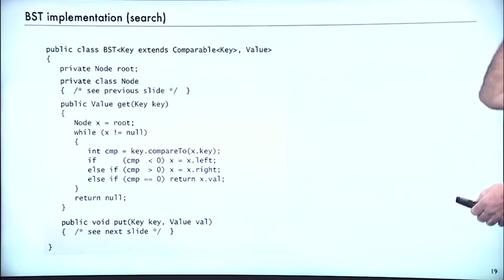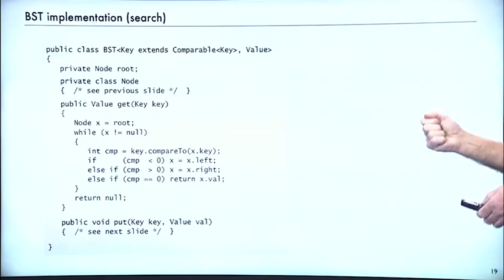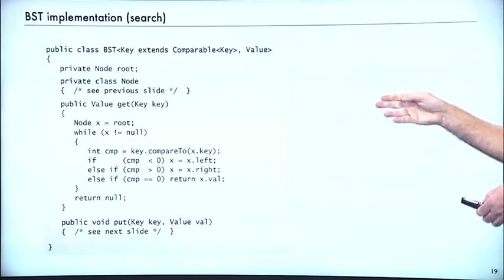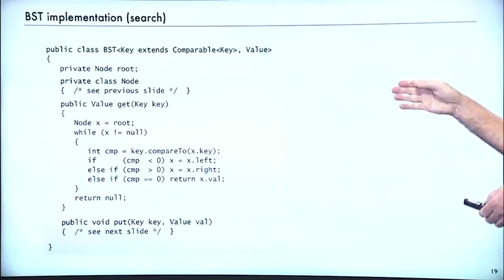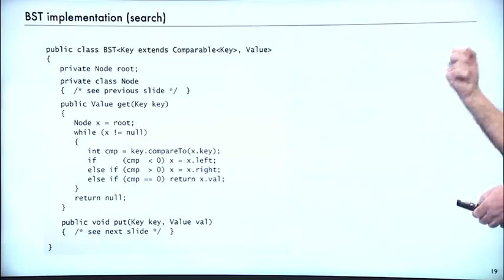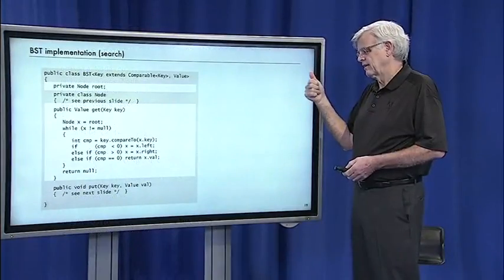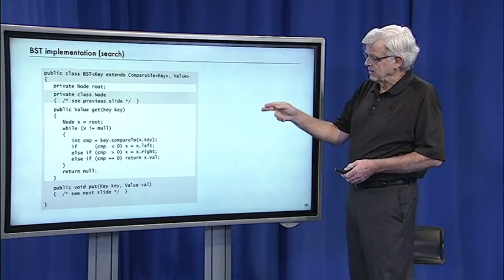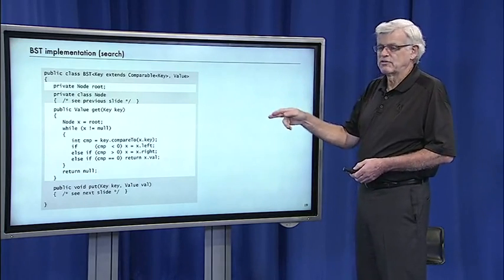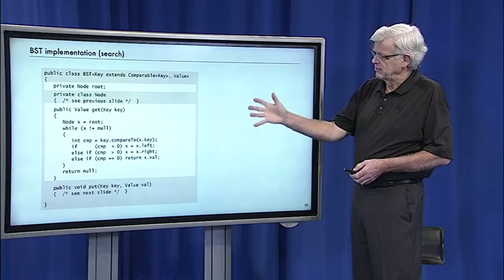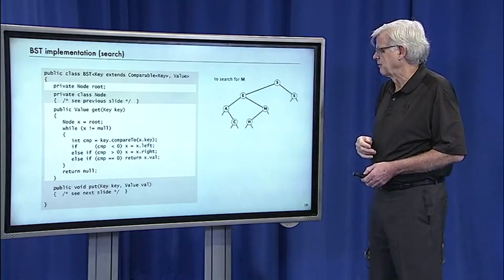If it's less, the key we're looking for is less than x's key, then we'll go to the left. Go to the left is x equals x.left. That's recursively move down the tree to the left subtree that contains smaller nodes than x is, and we have a smaller key, so that's where we want to go. If it's greater, we go to the right, and if it's equal, we're done. We return x's value. That's an implementation of search for binary search trees.